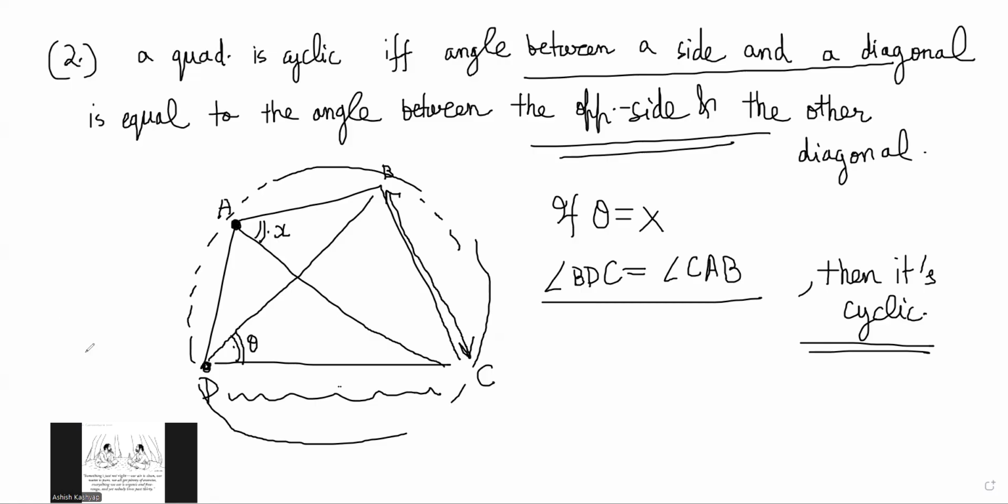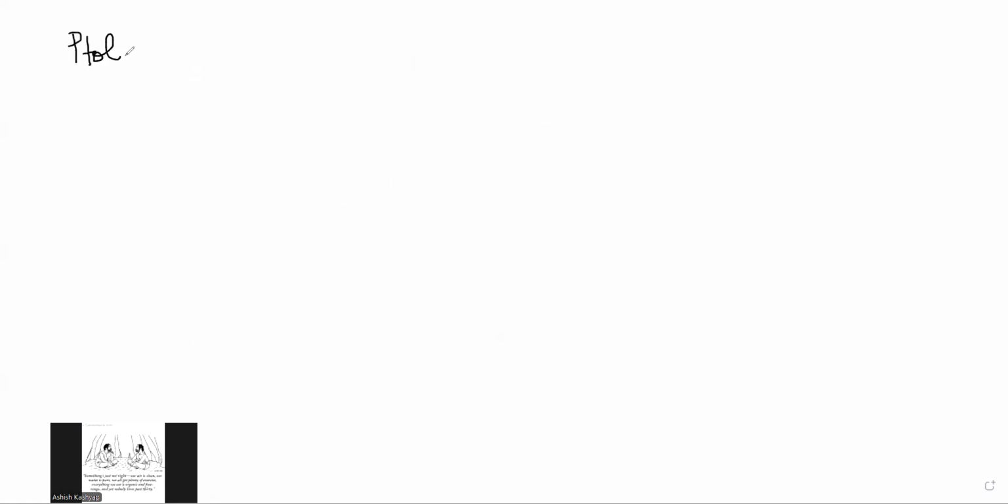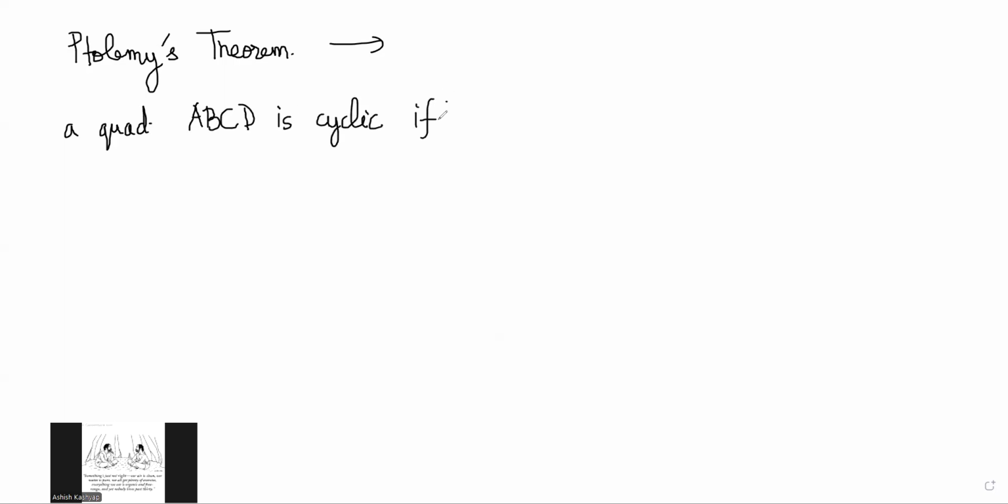And finally, we have Ptolemy's theorem. It is very important and very famous also. It also tells us a condition on cyclic quadrilateral, but a different type of condition, a length condition. A quadrilateral ABCD is cyclic if and only if AC into BD is equal to AB into CD plus AD into BC.